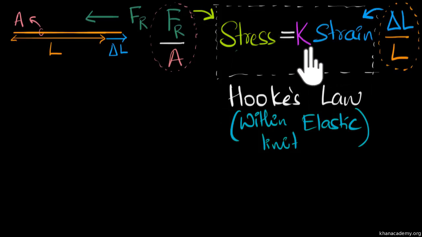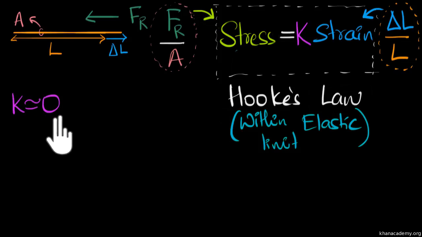All right. So let's throw some values of K and let's see what happens to stress and strain. If we start with very low values of K, so let's say K is very close to 0, then notice that for a given strain, stress will also be very close to 0, right? And what does that mean?